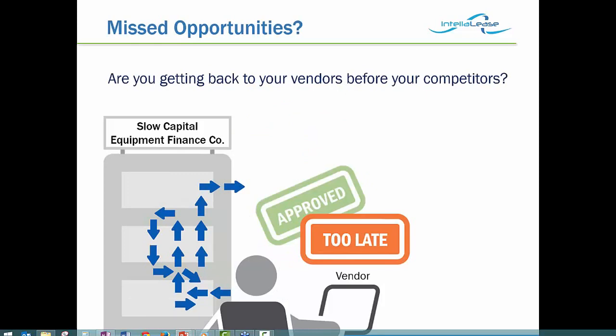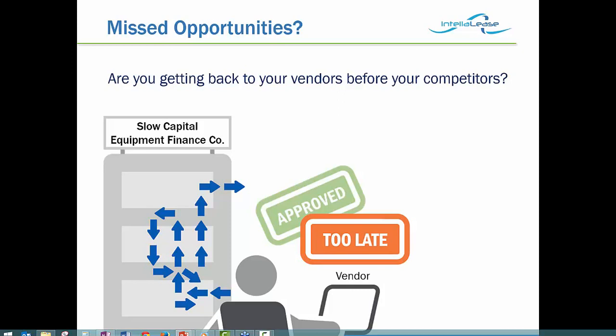And with that, you have to think about what kind of missed opportunities there may be because your competitors are getting back to your vendors sooner. We know how important that response time is because of the likelihood of a transaction getting booked may depend on the time it takes to get a decision back. And if you have a manual process, then you may not be the first one getting back.